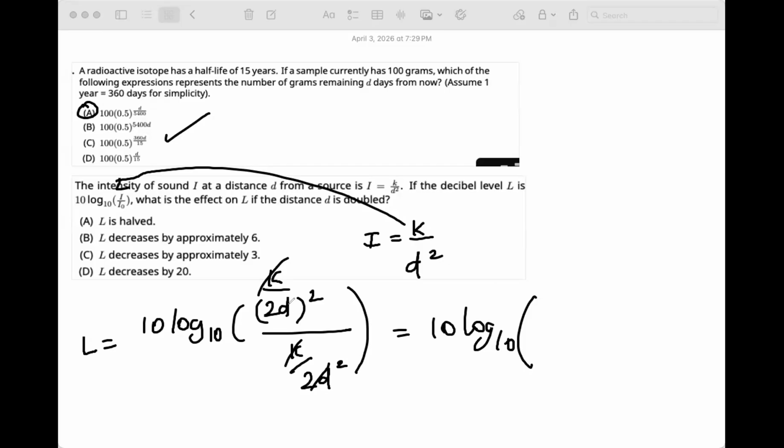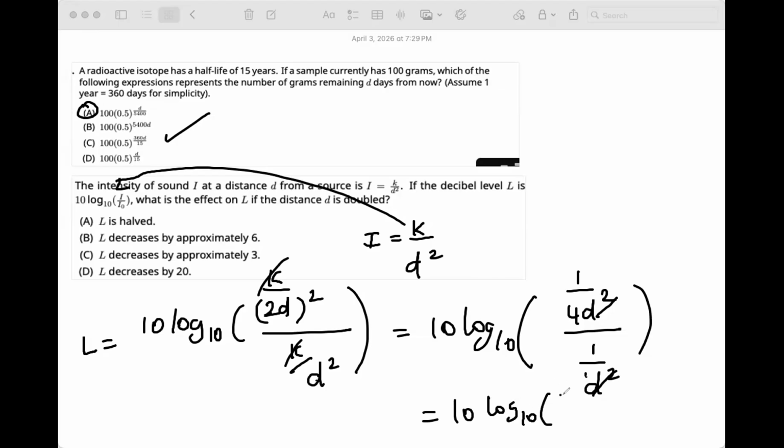This one will become 1 by 4D square divided by 1 by D square. The old one was D square, that became 2D the whole square. So that will be 10 log base 10 of 1 by 4.